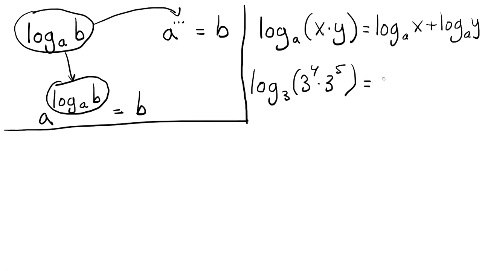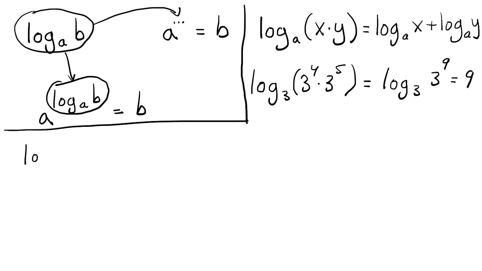Now we can just combine these two. So this is the 3 logarithm of 3 raised to the power of 9. So what should I raise 3 to the power of to get 3 raised to the power of 9? That of course should be 9. So on one hand I have this equal to 9.